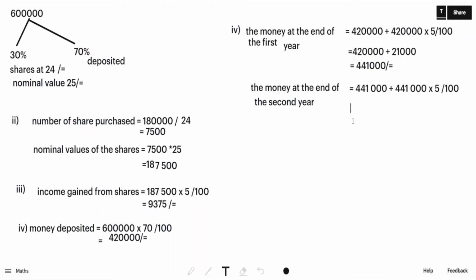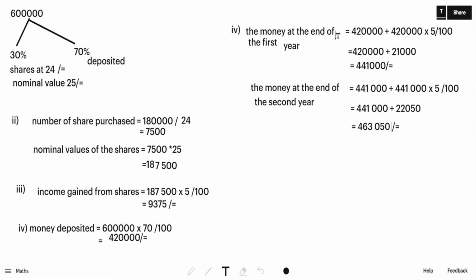This would give us the money at the end of the second year, which is, this is 22,050, which will give us 463,050. So at the end of the second year, he has 463,050 rupees in his bank.